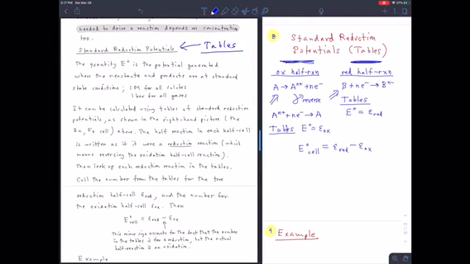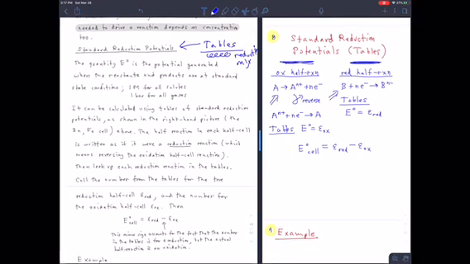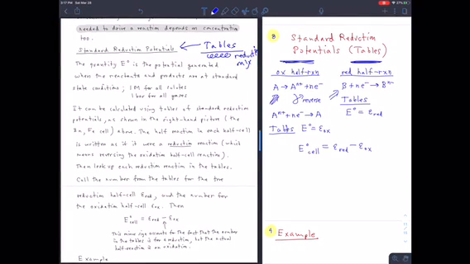But the tables only list reduction potentials, which means that in order to use the tables, you have to reverse this oxidation reaction and write it as if it were a reduction.